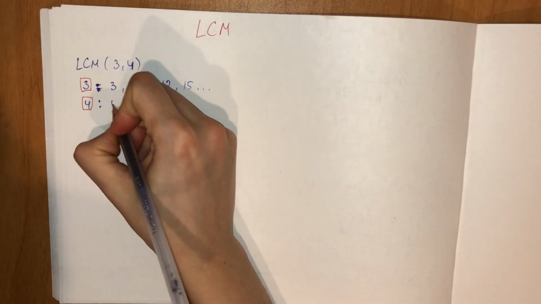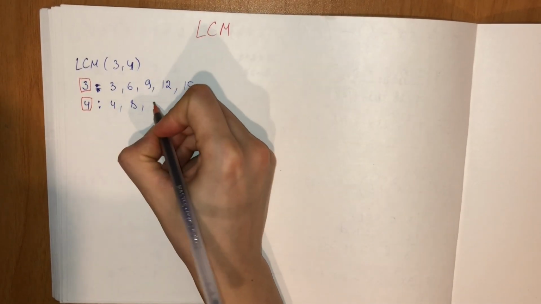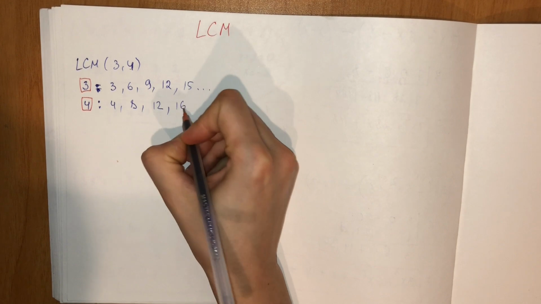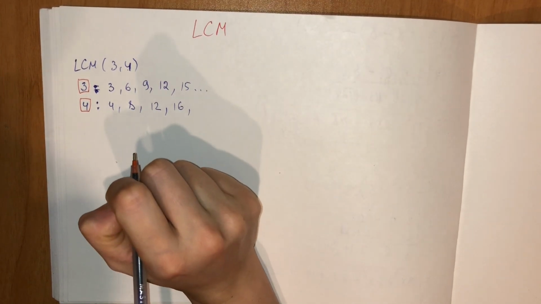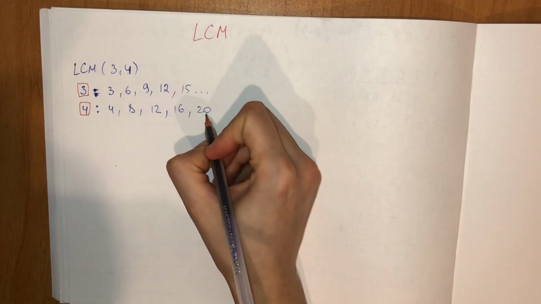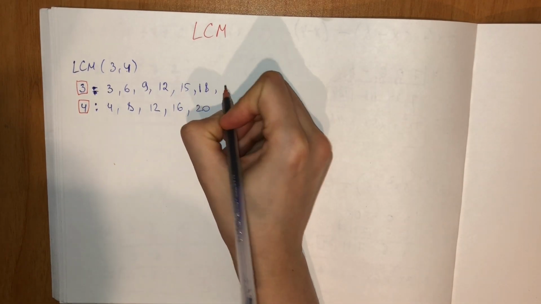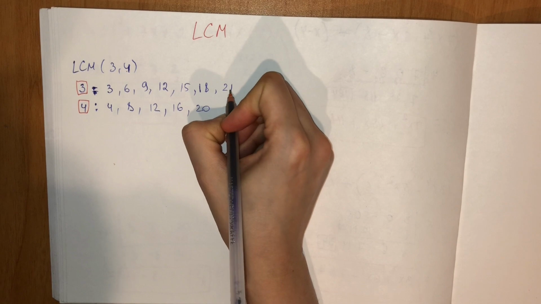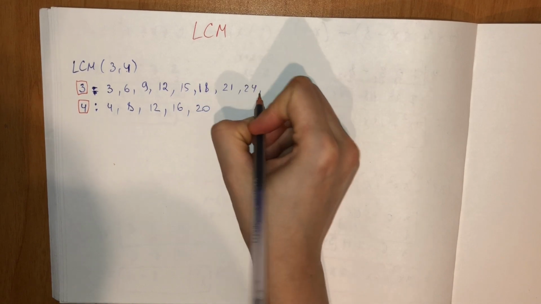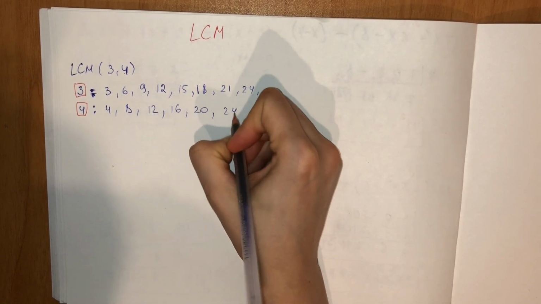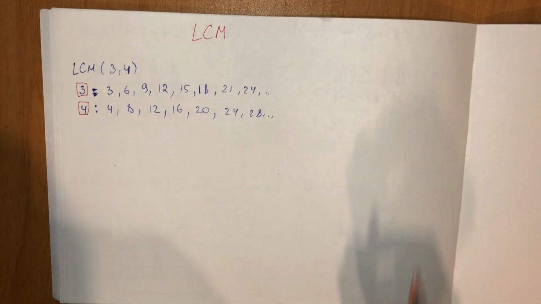The multiples of 4 are 4, 8, 12, 16, 20, 24, 28, and so on.